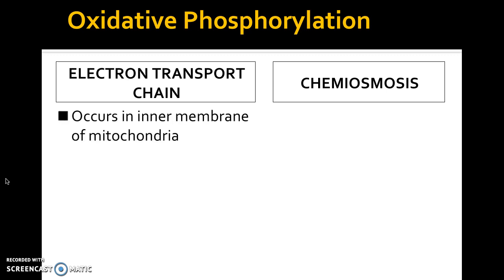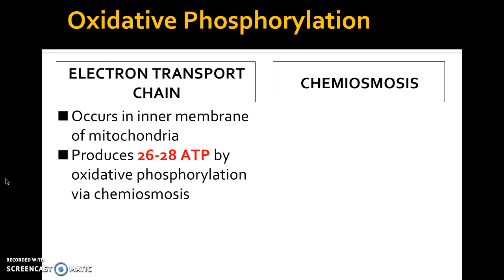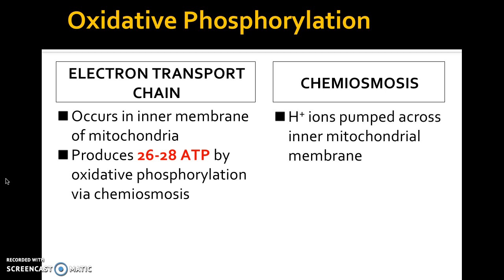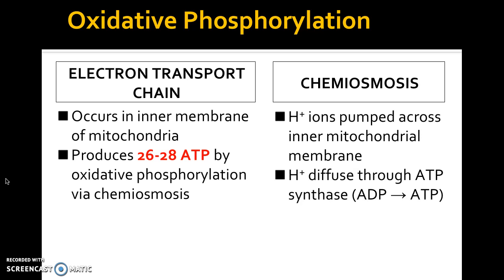The ETC is occurring in the mitochondria, and the two processes together produce 26 to 28 ATP. Again, chemiosmosis uses hydrogen ions, sometimes referred to as a proton. Please keep that in mind. It is going to be moved across the concentration gradient, and ATP will be made.